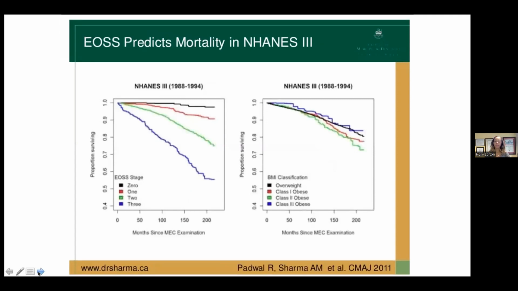The other reason that we are looking to move away from BMI is because what you can see here on the right side of your screen is NHANES data looking at the correlation of BMI, body mass index, with morbidity and mortality. It really does not correlate unless it's at extremes of obesity, extremes of BMI.